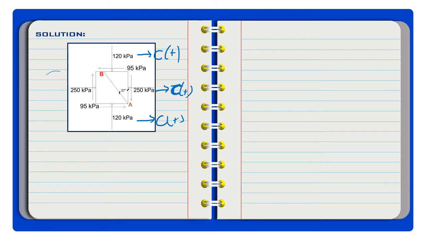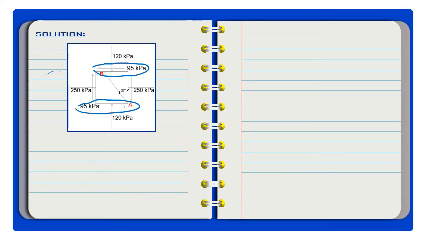So para dun sa shear stresses natin, meron tayong nag-a-act sa top plane and dun sa bottom plane. So para ma-determine natin yung direction nila, let's put a reference point inside the element.